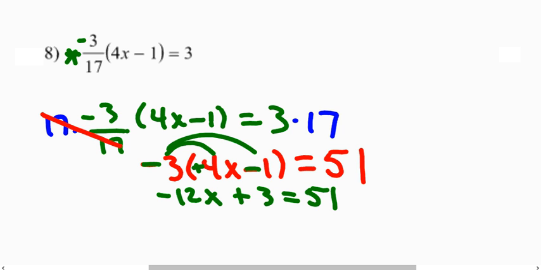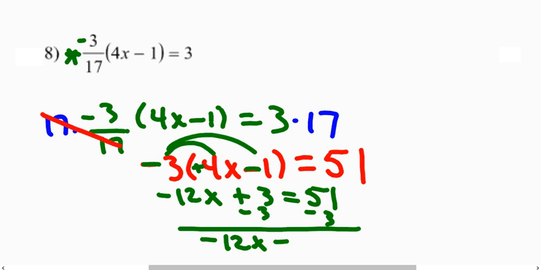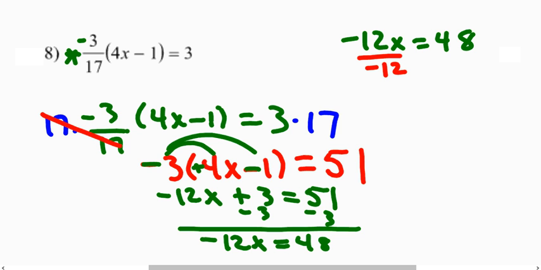Then when I subtract 3 from both sides, that's going to give me negative 12x equals 48. All right, let's go up here. I've got negative 12x equals 48, just copying it down. All right, last step is to divide by negative 12, which is going to make those negative 12s cancel over here. That leaves me x equals negative 4, final answer.